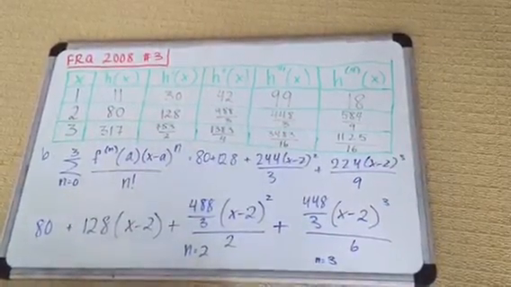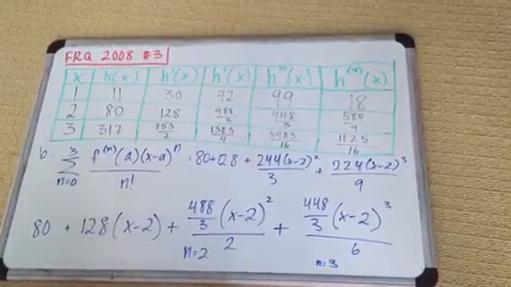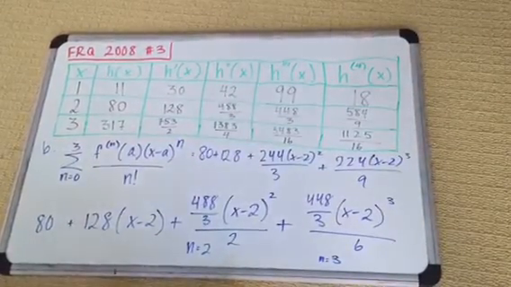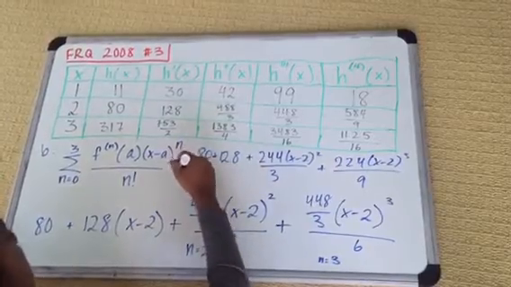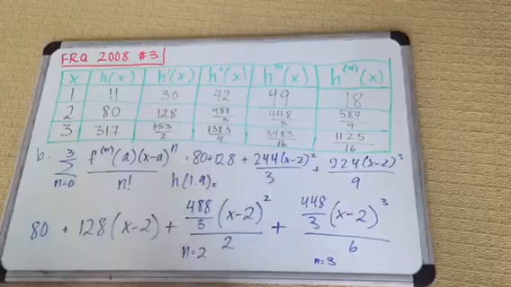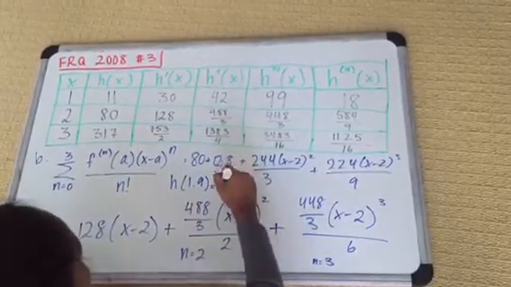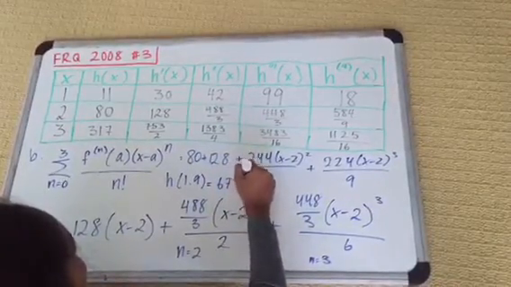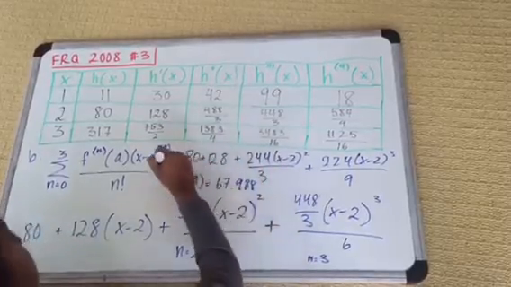And the last thing we have to do is plug in 1.9 for x, so we can use it to approximate h of 1.9. When we plug in 1.9 for x, we get 67.988. And that's our final answer for part B.